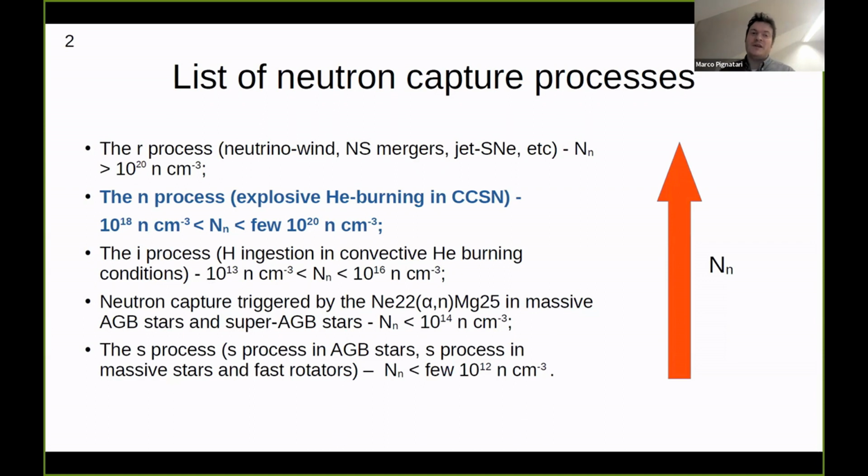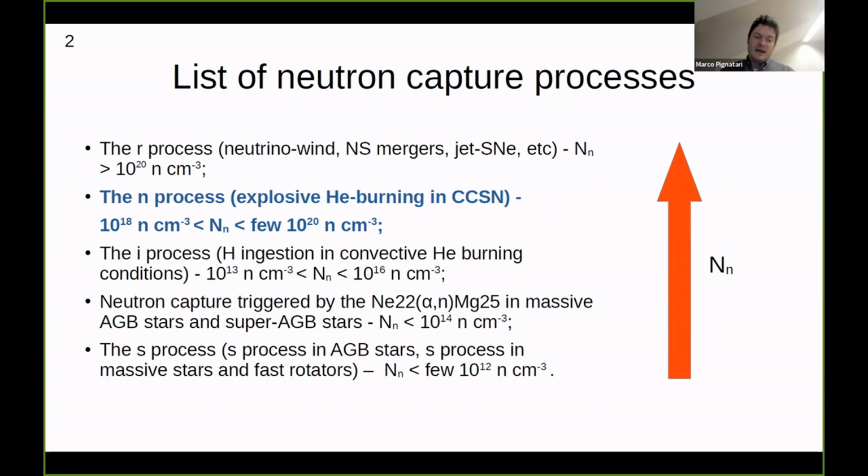Just to put into context, I want to present the neutron-capture processes and where the N process sits. We start at the bottom with the lower neutron density: the slow neutron-capture process, where the neutron density can typically reach up to a few 10 to the 12 neutrons per centimeter cubed in massive stars, a little bit lower for low mass AGB stars.